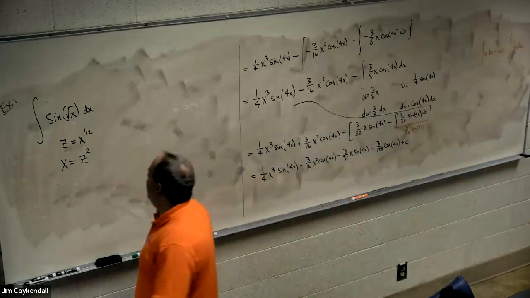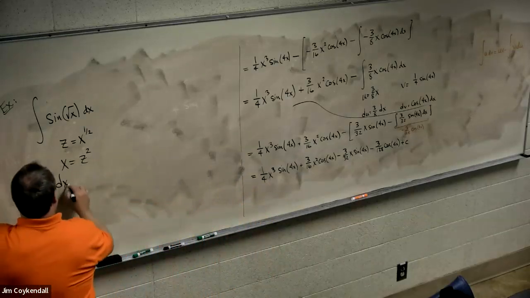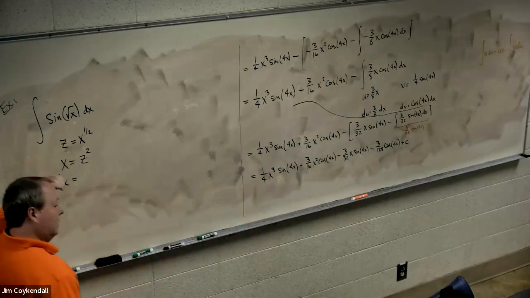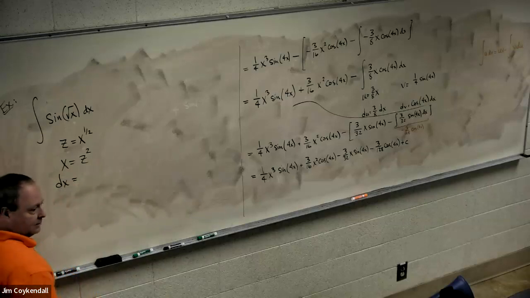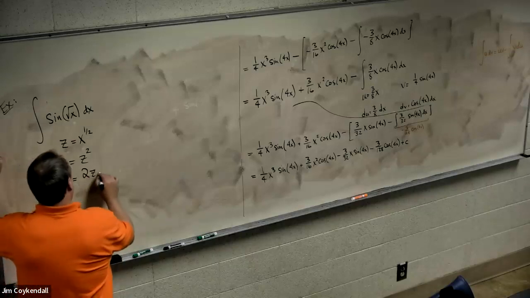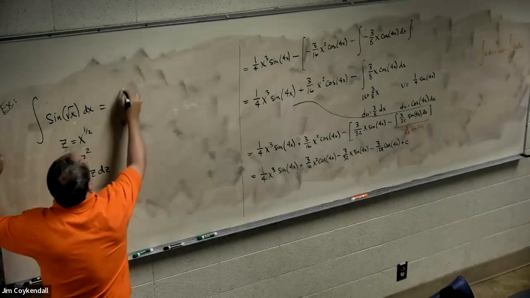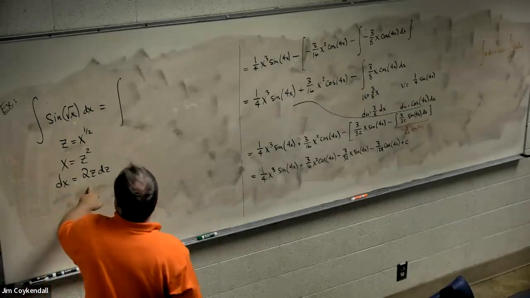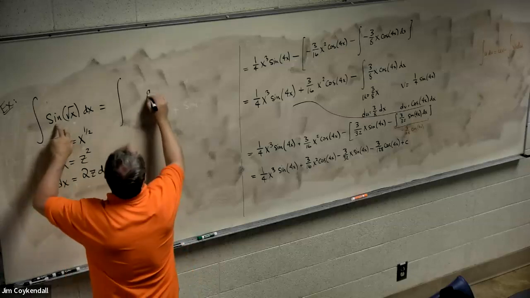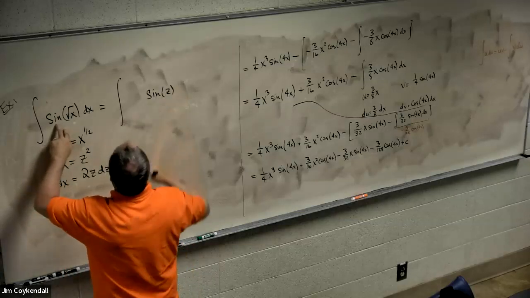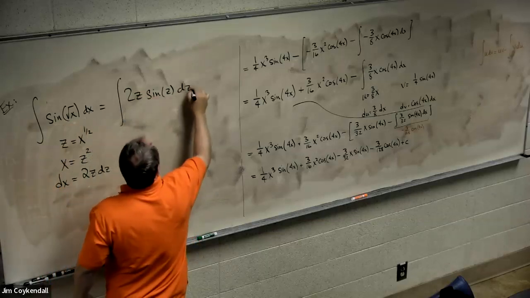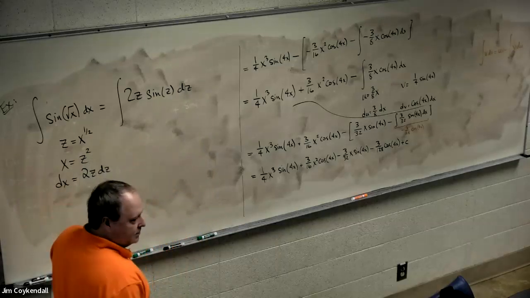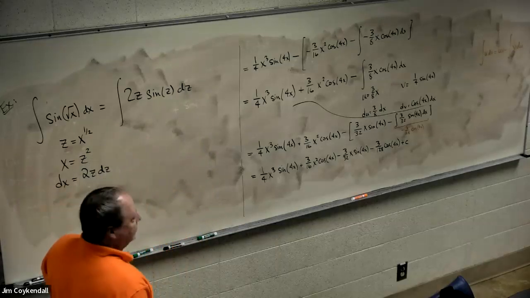Remember how oftentimes it's easier to do the substitution if you can write x in terms of the other variable. So if x is z squared, what is dx? So this first substitution allows me to turn this into sine of z, and dx is 2z dz.